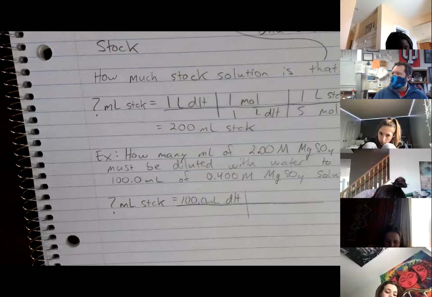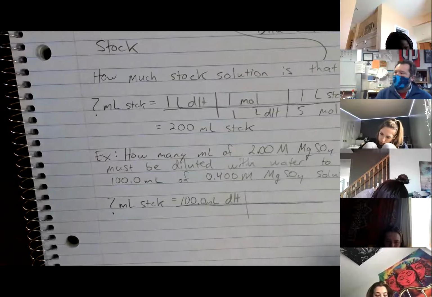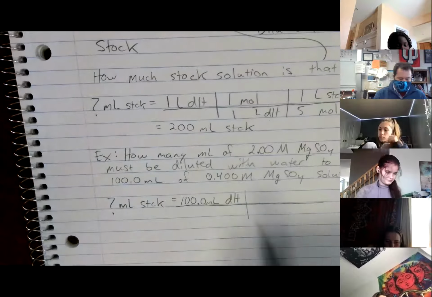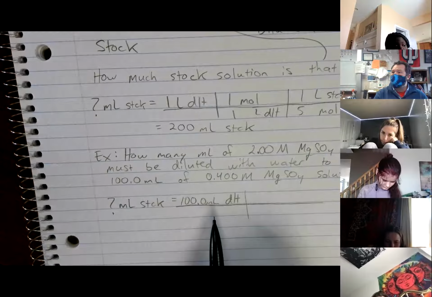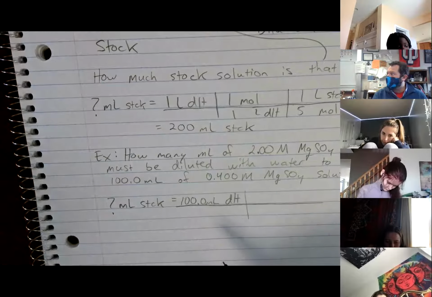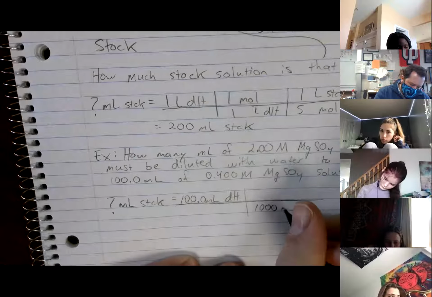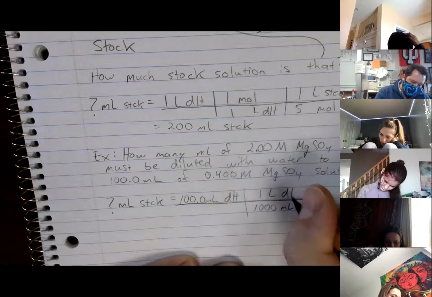All right, so now that we've got that, this is what we're starting with. We know we're working with moles. Molar. That's moles per liter. So we want to turn our milliliters into liters. We're working with molar. That's with liters. So first step, this should be an easy one. 1,000 milliliters of dilution equals 1 liter of dilution.